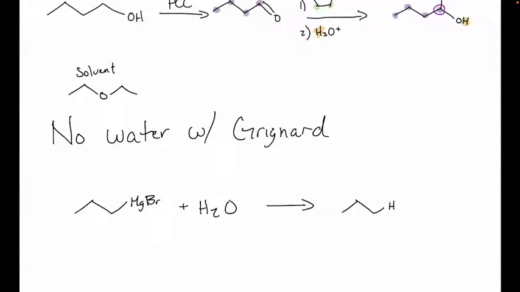So if there's any source of proton around, they're going to snatch that proton, and you have just taken this very roundabout way of creating an alkane, which is not what you want, generally speaking. If you want an alkane, there are millions of easier ways to get it than going through this Grignard route. So if you ever do have any amount of water in with your Grignard reagent, it will just chop that MgBr and replace it with a hydrogen. Okay?